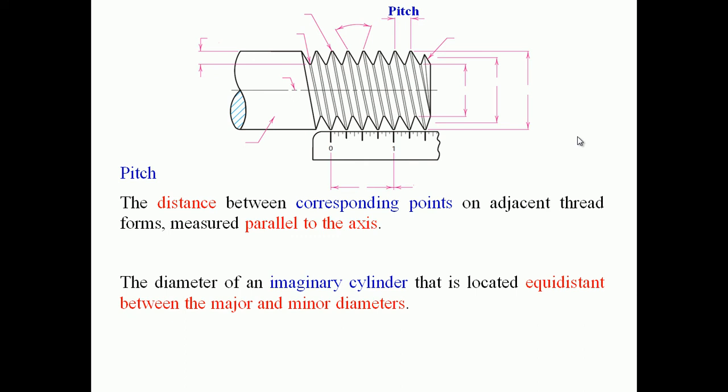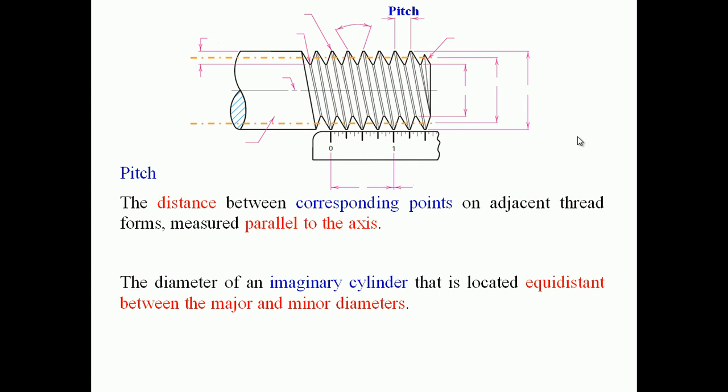The next one is the diameter of an imaginary cylinder that is located equidistant, which is very important, between the peak and the root. It is equidistant between the major and minor diameter.